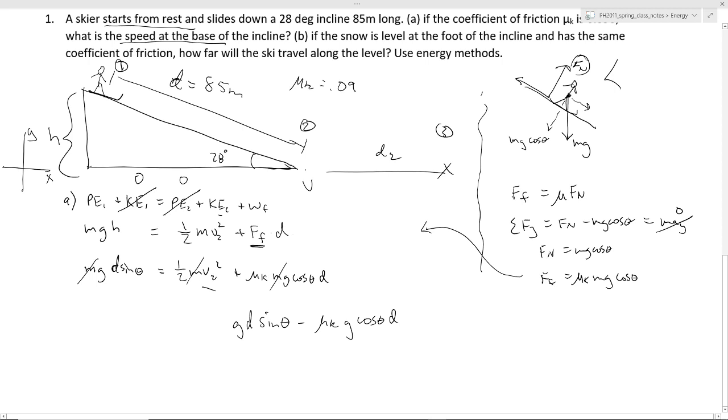So all that we've done here is subtract over this piece, and then we could multiply this by a factor of 2. And then we would need to take a square root, and this would give us v2.